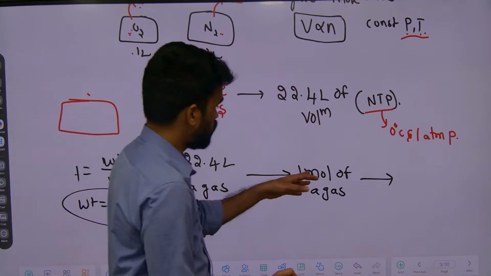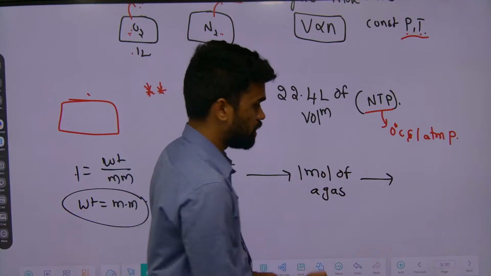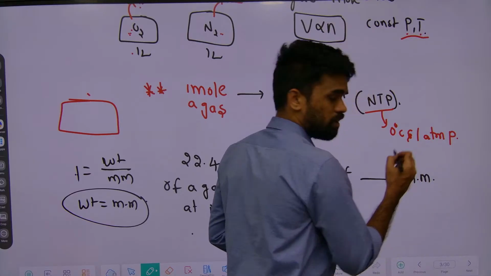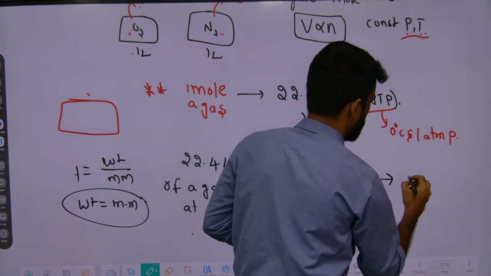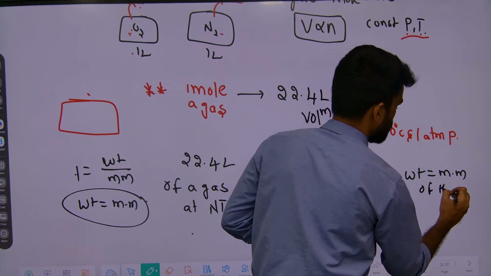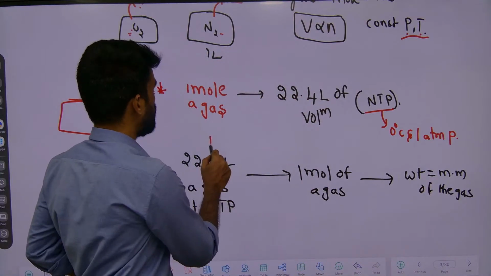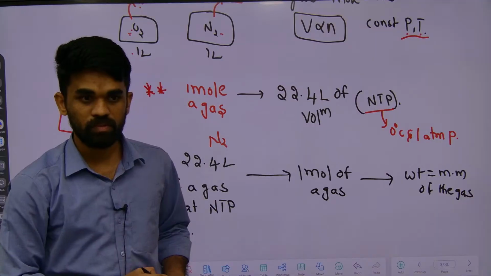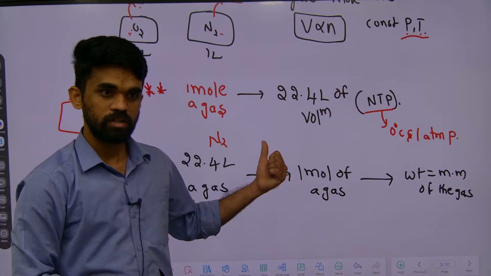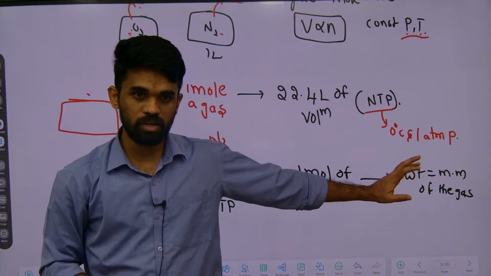So 22.4 liters of a gas at NTP is nothing but 1 mole of that gas, and the weight of the substance will be its molar mass. So what is the weight of 22.4 liters of N2 gas at NTP? What is the molar mass of N2? It's 28. So 28 grams. So this quantity weighs 28 grams. You can understand in that way.